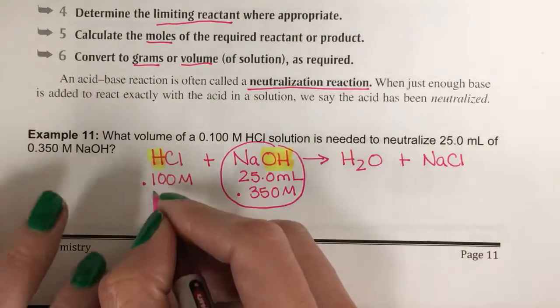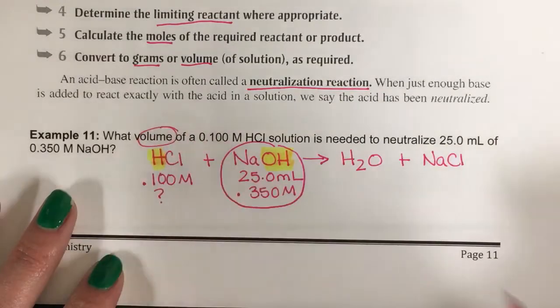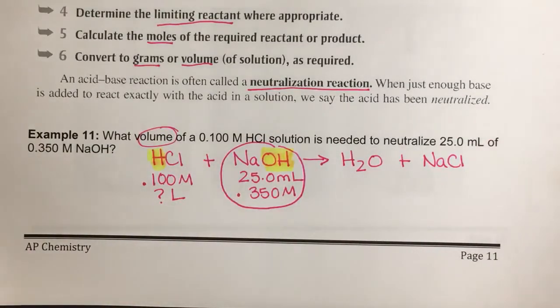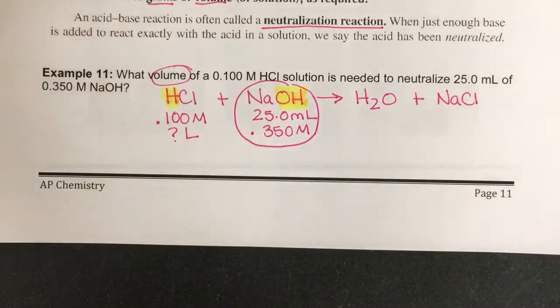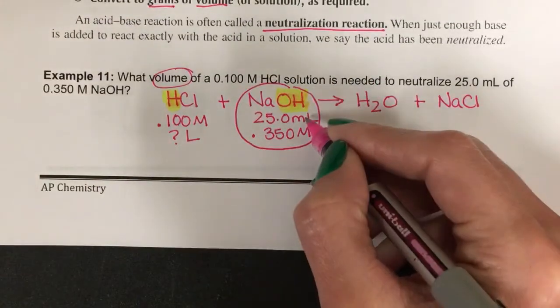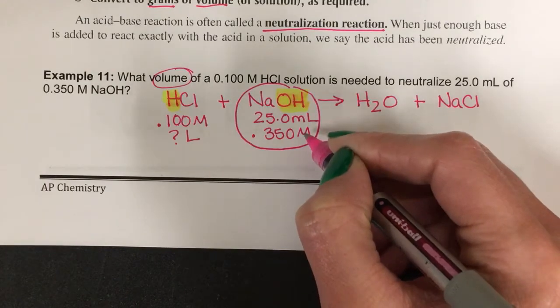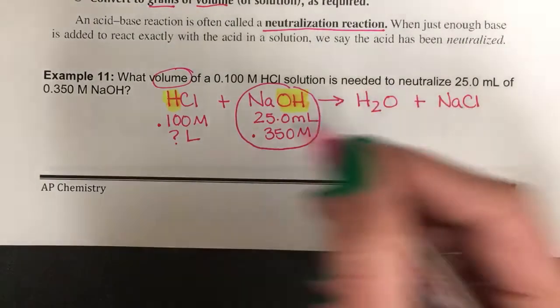I'm trying to find the volume of this one. I'm probably going to solve for it in liters, but we'll see what happens. Okay? So, I've got my volume and I've got my molarity. Well, because my molarity is moles per liter, step 1, change milliliters to liters.